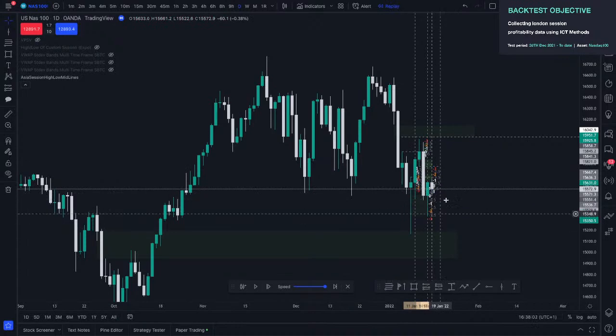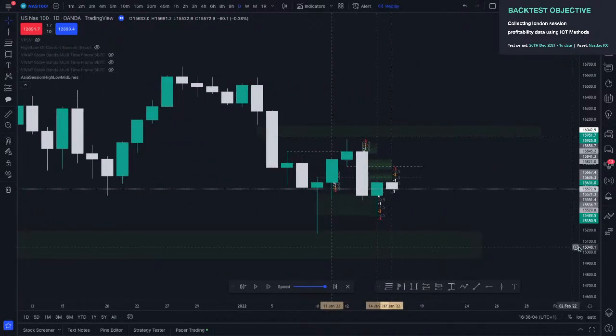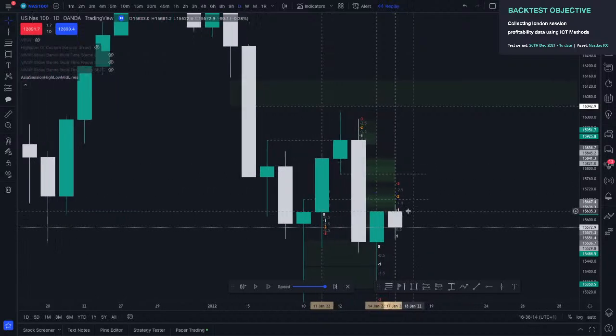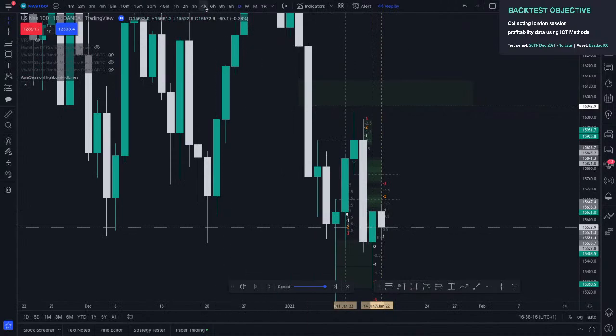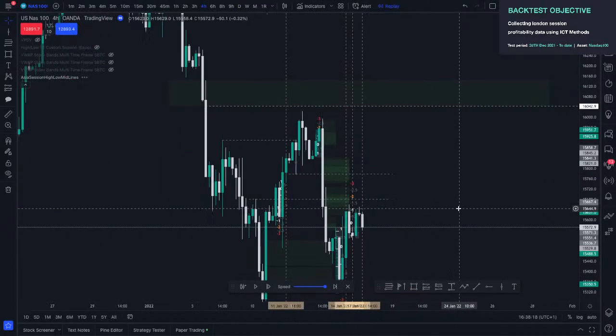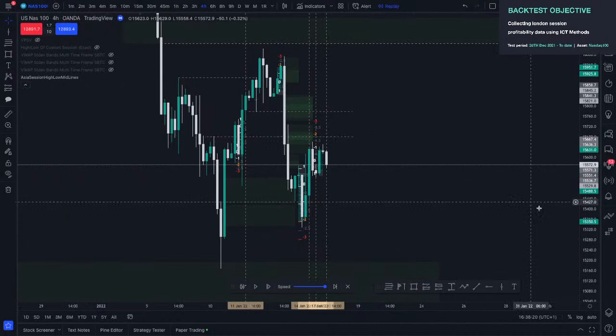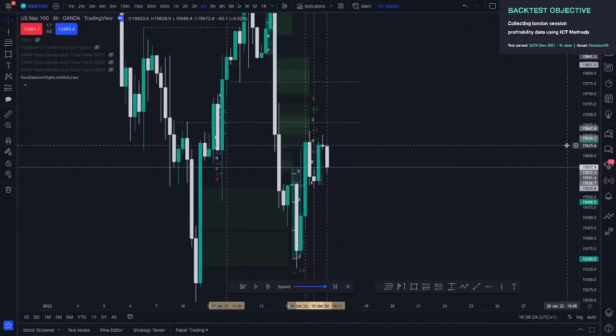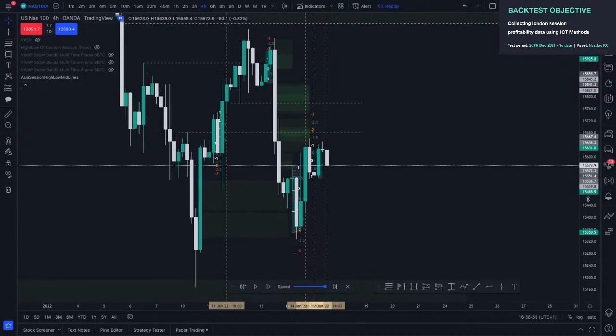So my bias is still bearish, but is the direction of my trade going to be bearish as well during London? We left this tiny thing up here. Let me check the 4 hour. This is what the 4 hour looks like. Okay, I'm going to side with bearish.